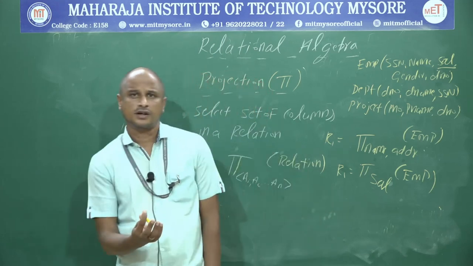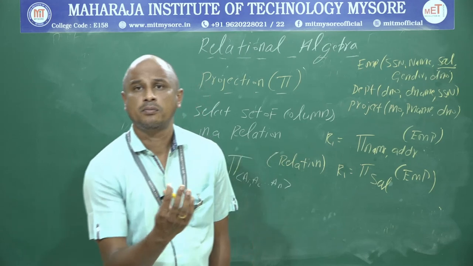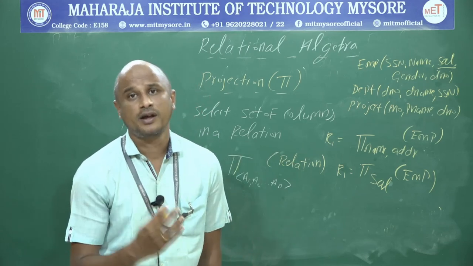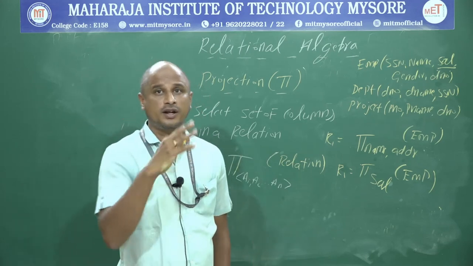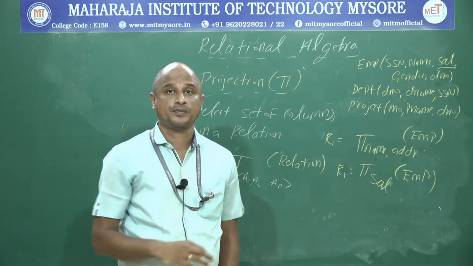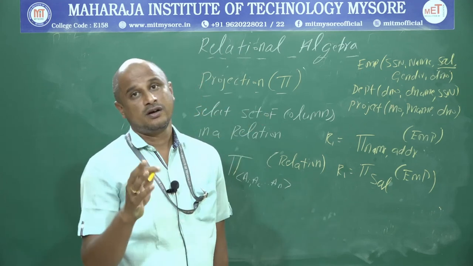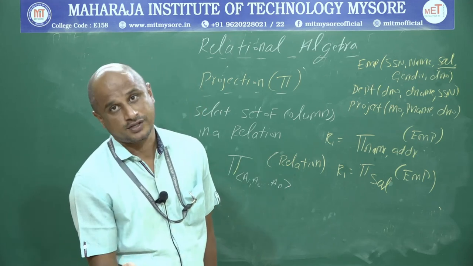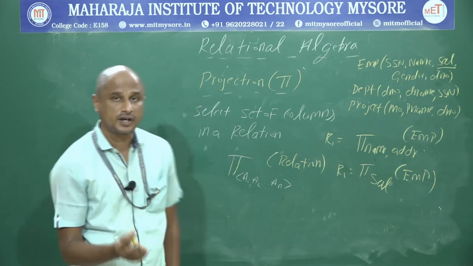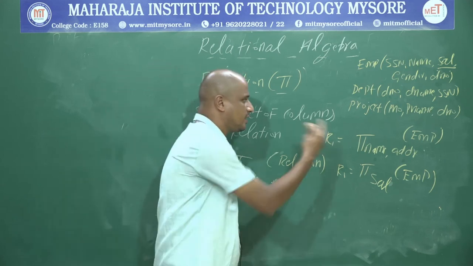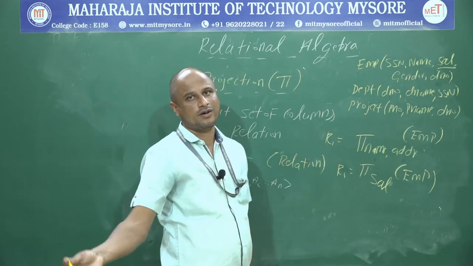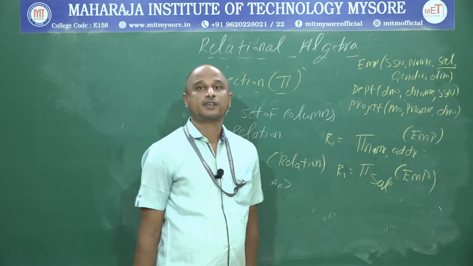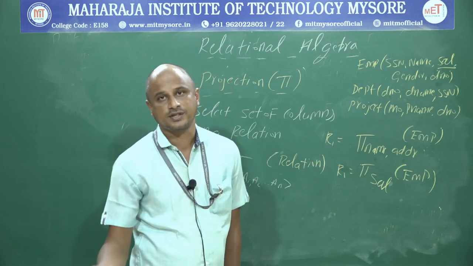I can give another question. Retrieve the project name controlled by department number 2. If I give that, then I want to go for a condition. If you retrieve the project name or project number of particular projects, I can go for projection. If I want any details of all the projects, then I can apply a selection of P number and P name from project.